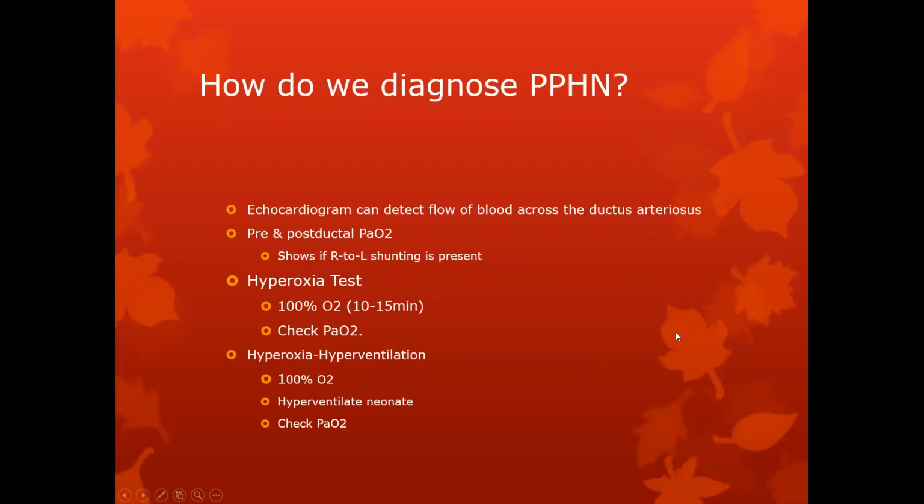How do we diagnose PPHN? Well, an echocardiogram can be used to detect the flow of blood across the ductus arteriosus. We can look at pre and post ductal PaO2. And if we have a difference of 20 millimeters mercury, then we know we've got shunting.